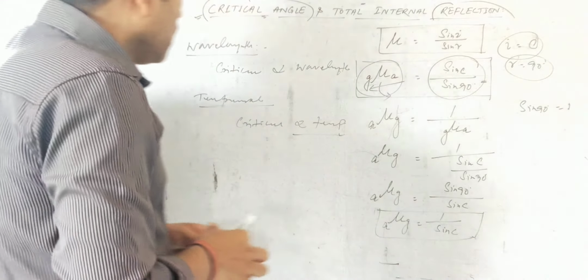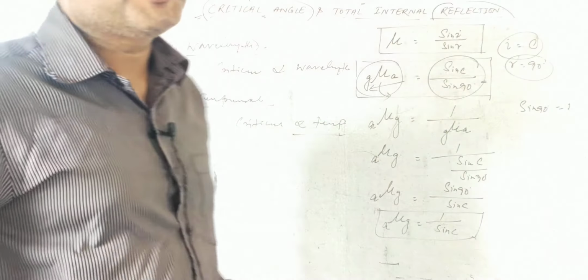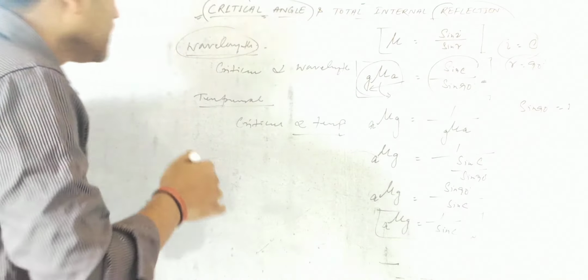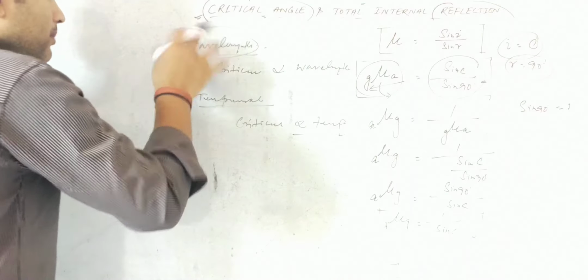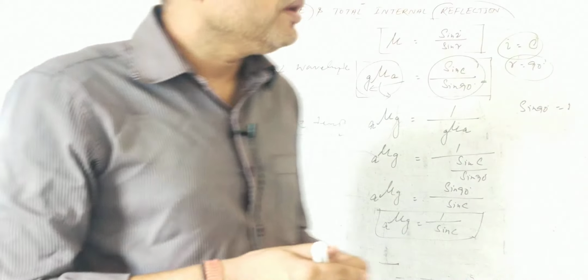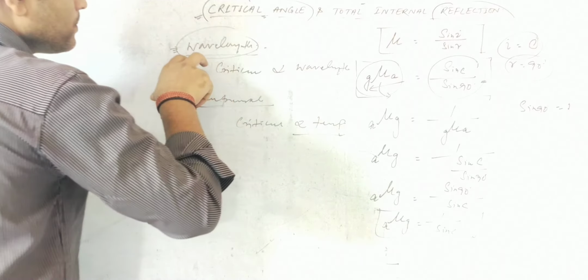Now, we have wavelength, and how is the wavelength related to the refractive index? We have studied that the wavelength is inversely proportional. Sometimes you will not be given the wavelength, and you will have questions related to the refractive index.